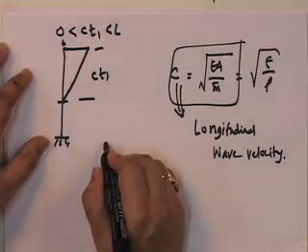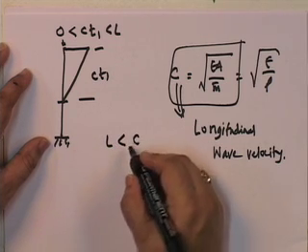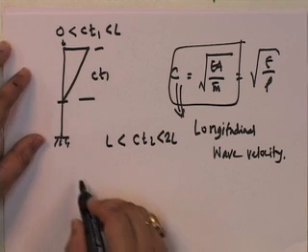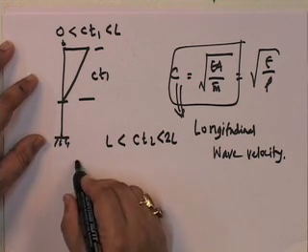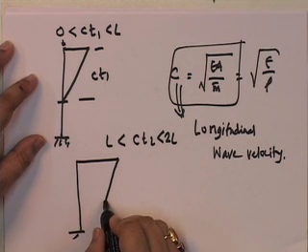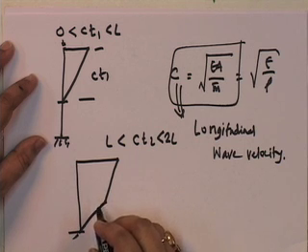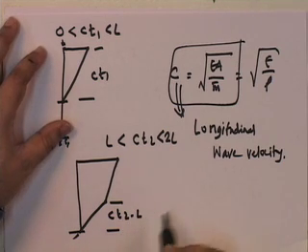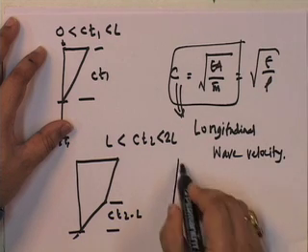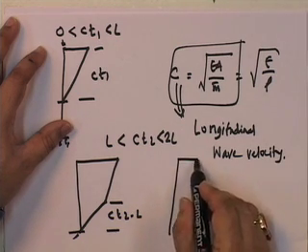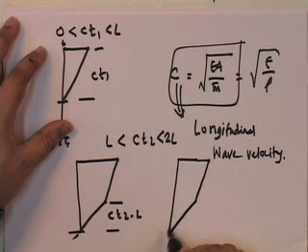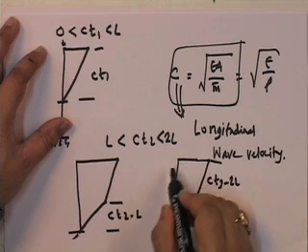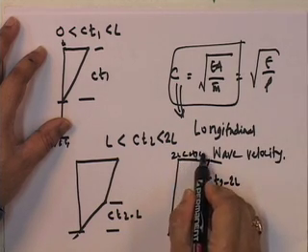If you plot it between L and CT2 between 2L, in other words, it's come here and not gone back, this will look something like this, where this is CT2 minus L. Similarly, you will get a similar kind of thing where this is CT3 minus 2L, when 2L less than CT3 less than 3L.